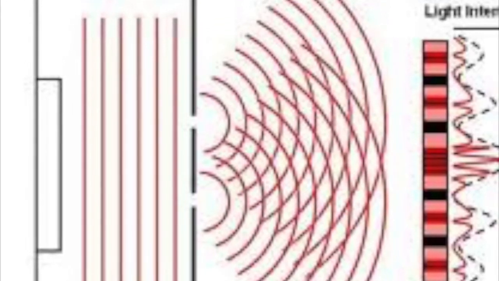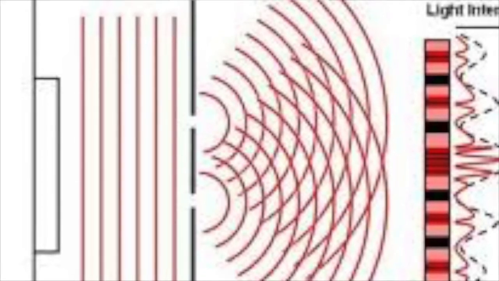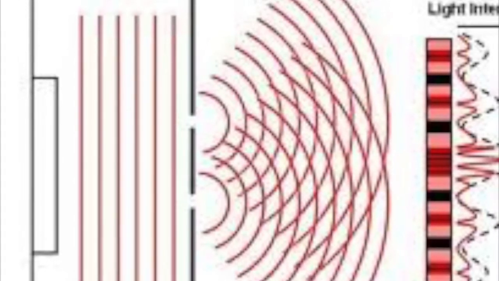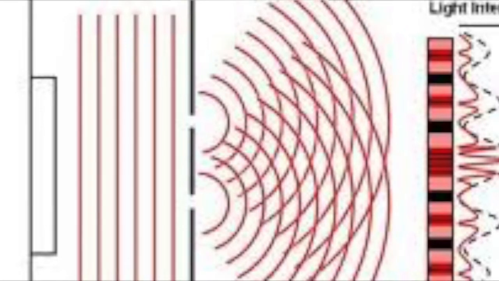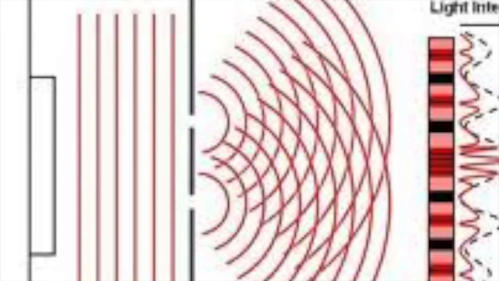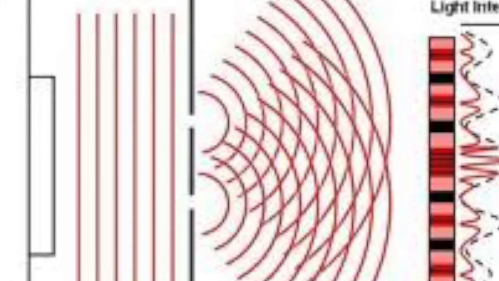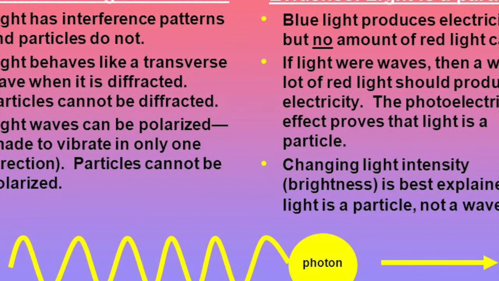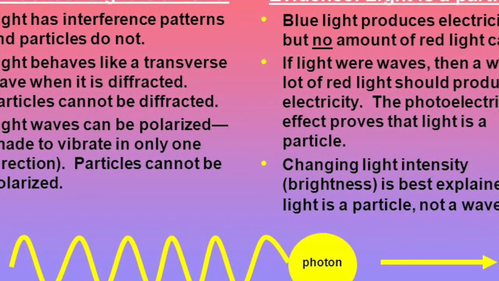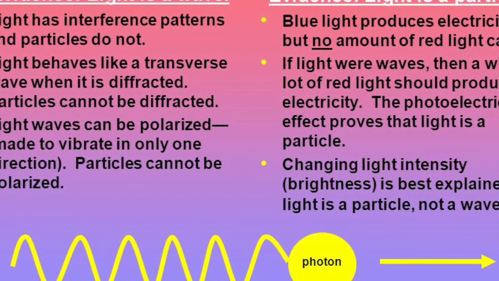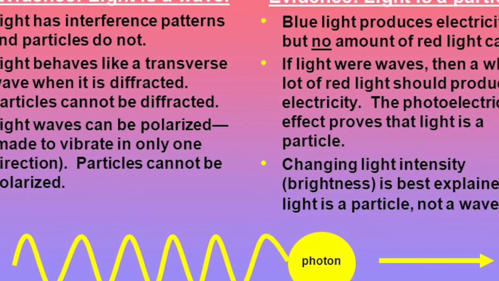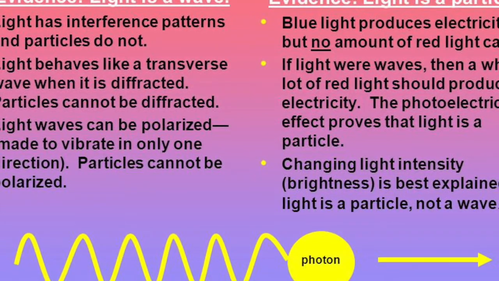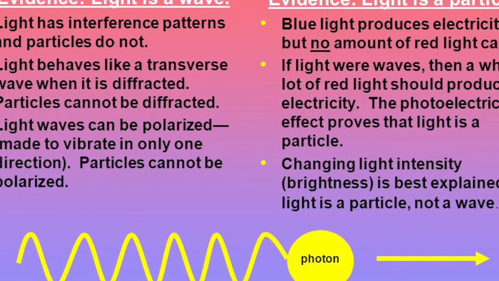opening. Just as for water waves, the distance between the crests or the troughs of a wave of light as it travels through space is called a wavelength. When light passes through a small opening, the waves spread out. How much the wave spreads out depends on the wavelength of the wave.